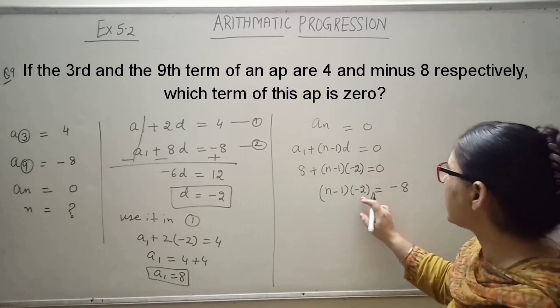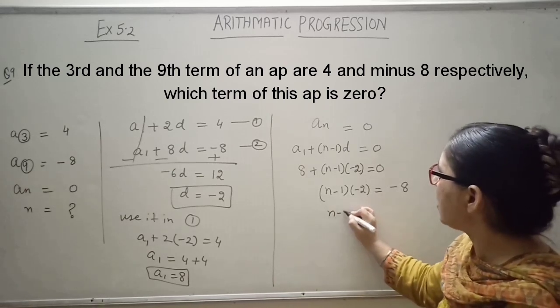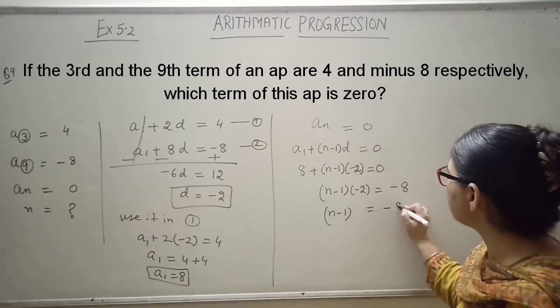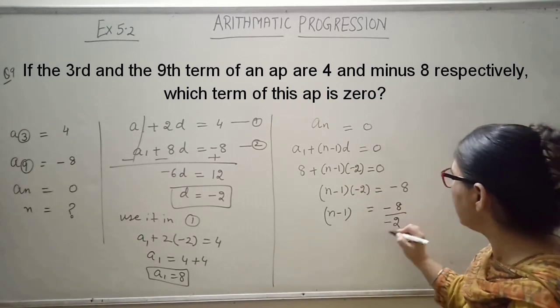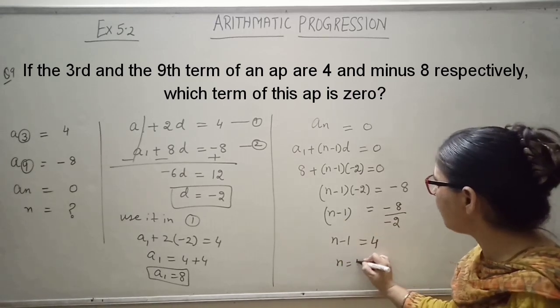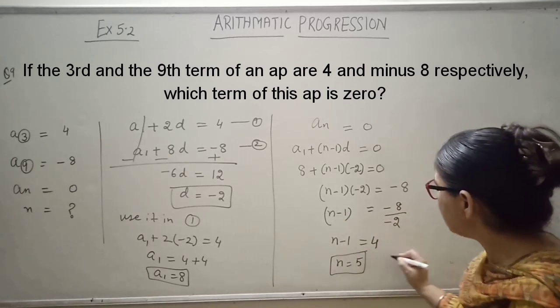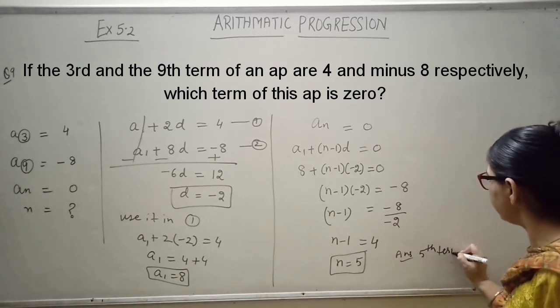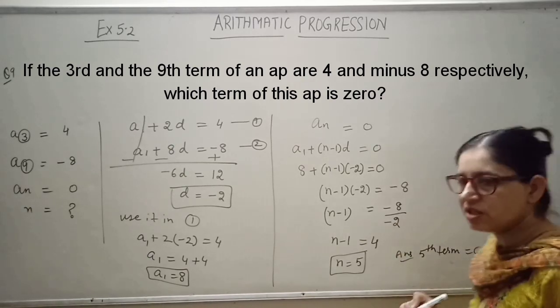Since minus 2 is being multiplied with n minus 1, when it shifts to this side, it will be divided. So n minus 1 is equal to 4. So n is equal to 5. It means the answer is the fifth term is equal to 0.